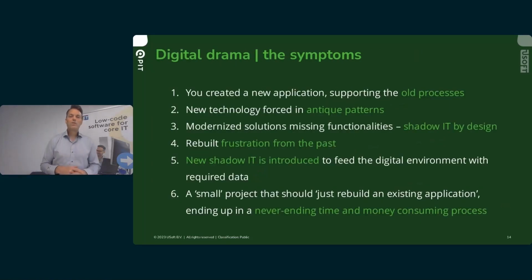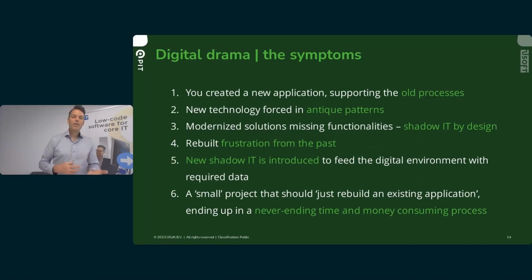How do you recognize digital drama when it comes to modernization projects? For instance, you create a new application supporting all processes because you didn't take the time to redefine the business process support. Or you use new technology forced in antique patterns because you just copy the current system, which is built with patterns from the day that the system was created.